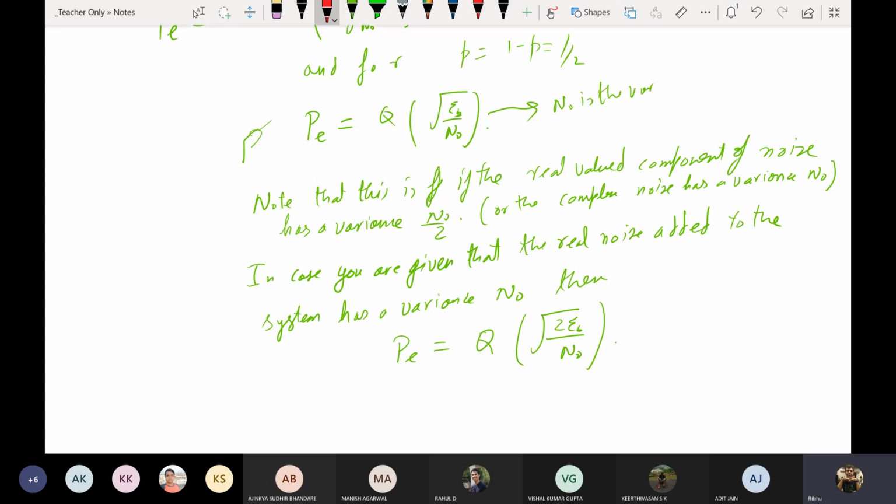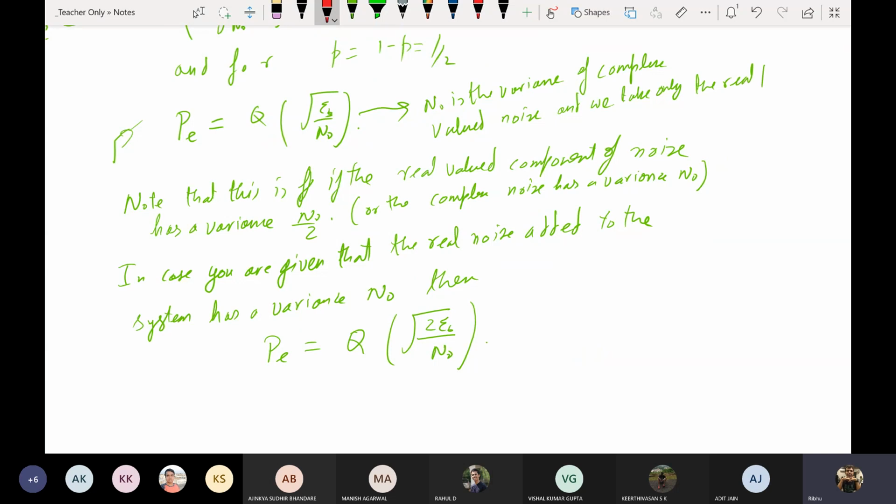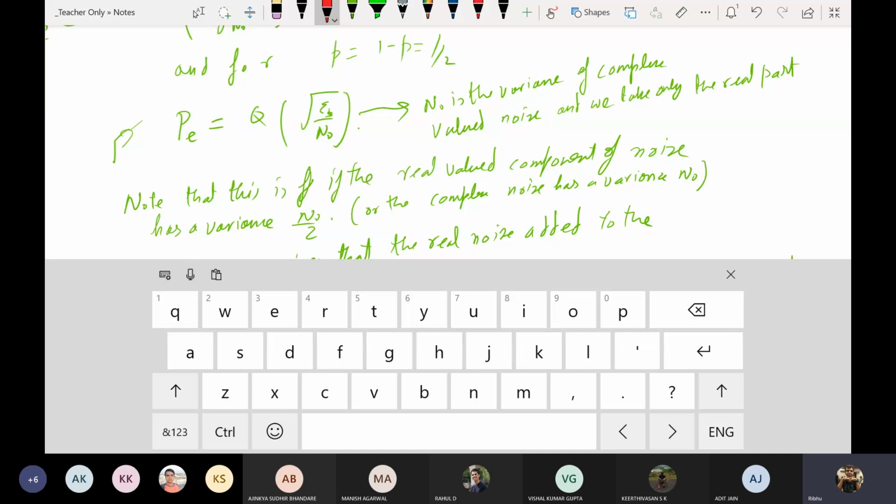The variance of complex valued noise, and we take only the real part. This is the case for the variance of the real valued noise. So everything else remains the same. All the steps will remain the same, so don't blindly trust a formula.